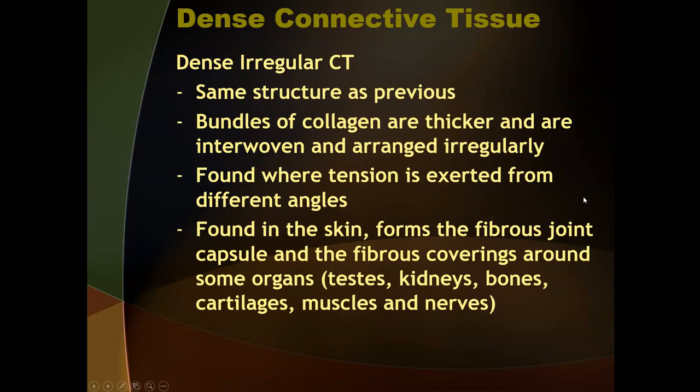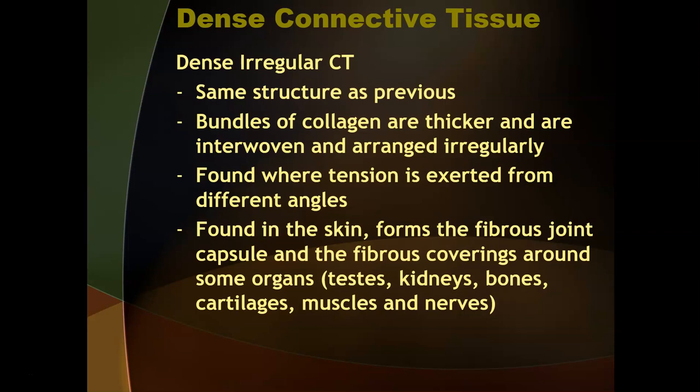So, we find this tissue where tension is exerted from different angles. For example, we find it at the connective tissue part under your skin, which we talked about with epithelial tissue. You know, at that basilar level below the basement membrane, we have connective tissue. Well, we find dense irregular connective tissue at the skin, which allows stress to be placed on the skin in a multitude of directions and angles.